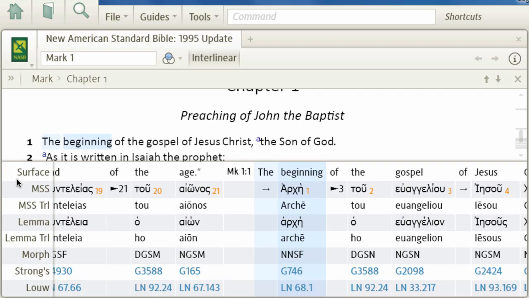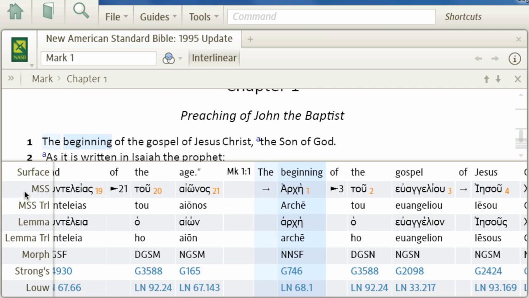Now for an overview of the contents of the reverse interlinear pane. First, this line, called surface, refers to the text of the translation. You'll notice that this line, the beginning of the Gospel of Jesus, matches the surface line here, the beginning of the Gospel of Jesus.